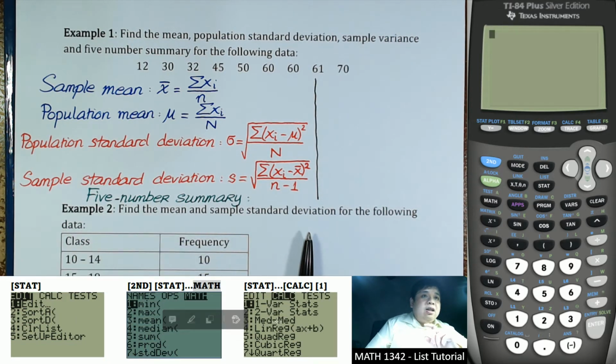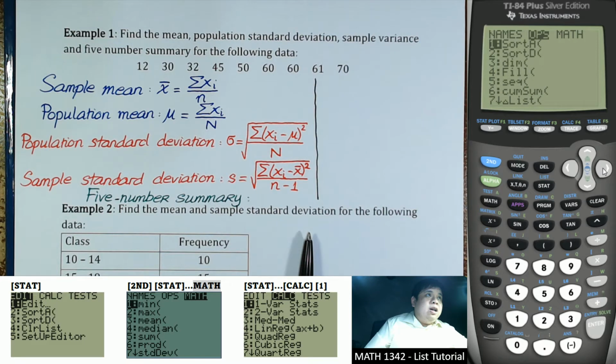To add everything up, hit second stat. Go to the tab that says math. Go down to option number 5 that says sum. So go down to number 5 and hit enter.